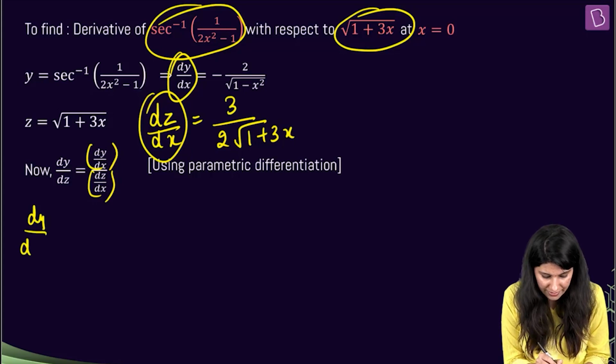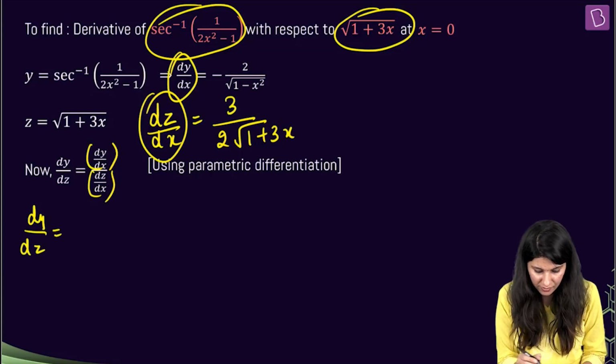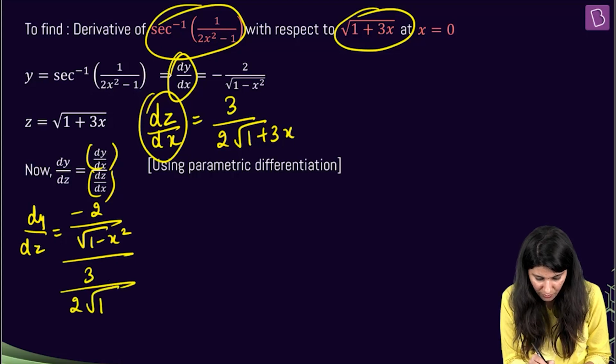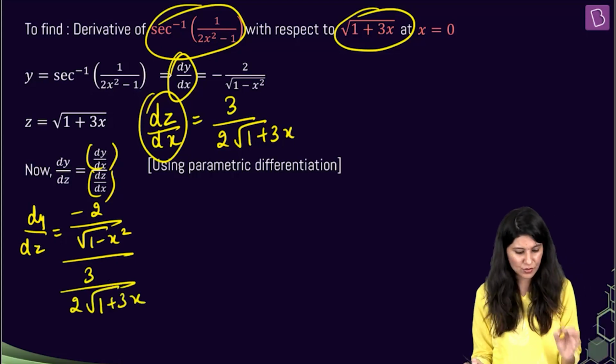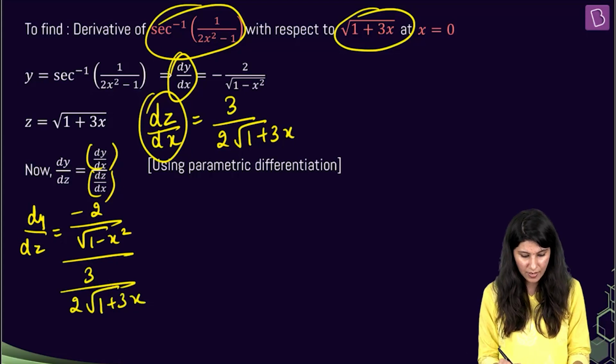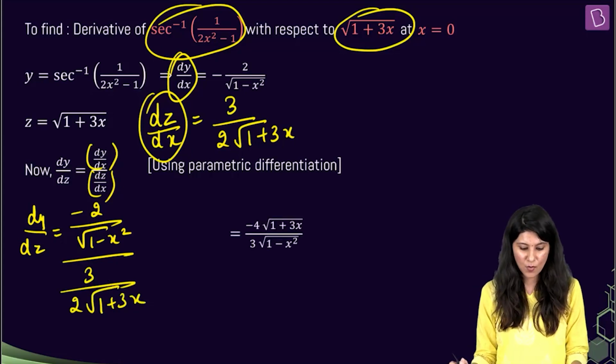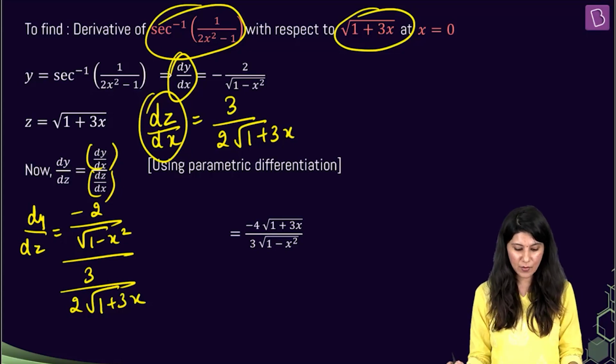Let's just put the values. So dy by dx would be nothing but minus 2 by square root of 1 minus x square, whole upon 3 by 2 square root of 1 plus 3x, right? If you solve this, what do you get? Minus 4 square root 1 plus 3x whole upon 3 multiply 1 minus x square.